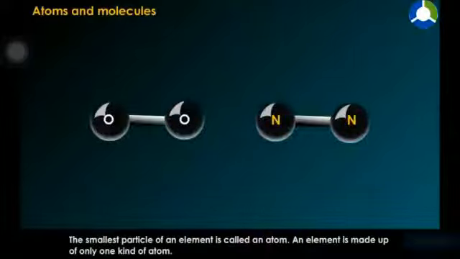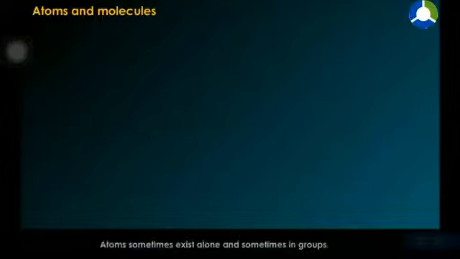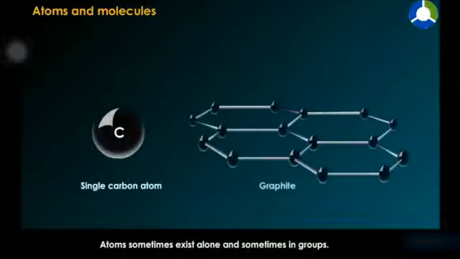Molecules. The smallest particle of an element is called an atom. An element is made up of only one kind of atom. For example, all atoms of oxygen are identical and atoms of nitrogen are identical. Atoms sometimes exist alone and sometimes in groups.